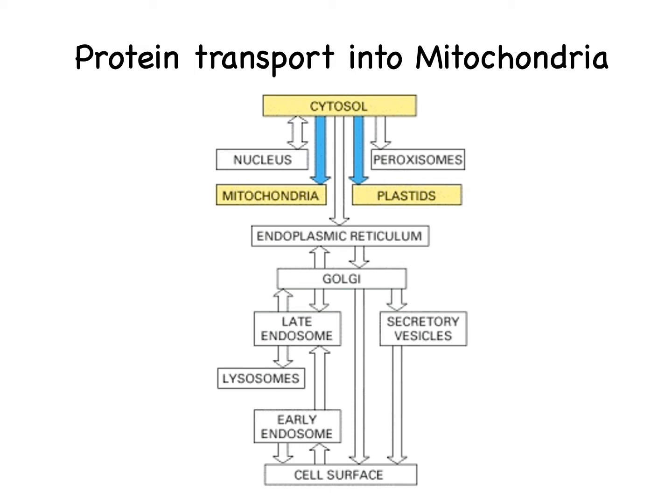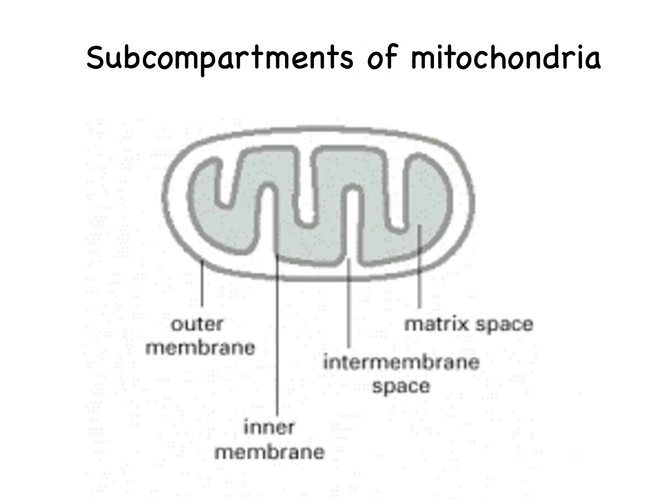Okay, transport to the mitochondria. Now these proteins have to cross a membrane. As you may remember, the mitochondria is made up of two layers of lipid bilayers or membranes. So there's an inner membrane and an outer membrane.